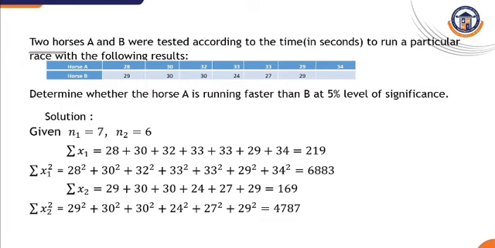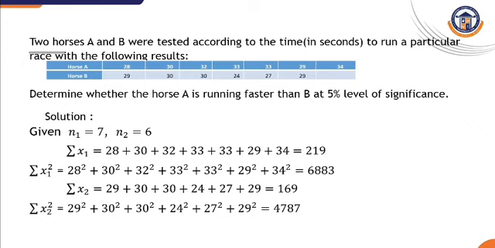Now we see one problem. Two horses A and B were tested according to the time in seconds to run a particular race with the following results. Horse A: 28, 30, 32, 33, 33, 29, 34 and horse B: 29, 30, 30, 24, 27, 29.